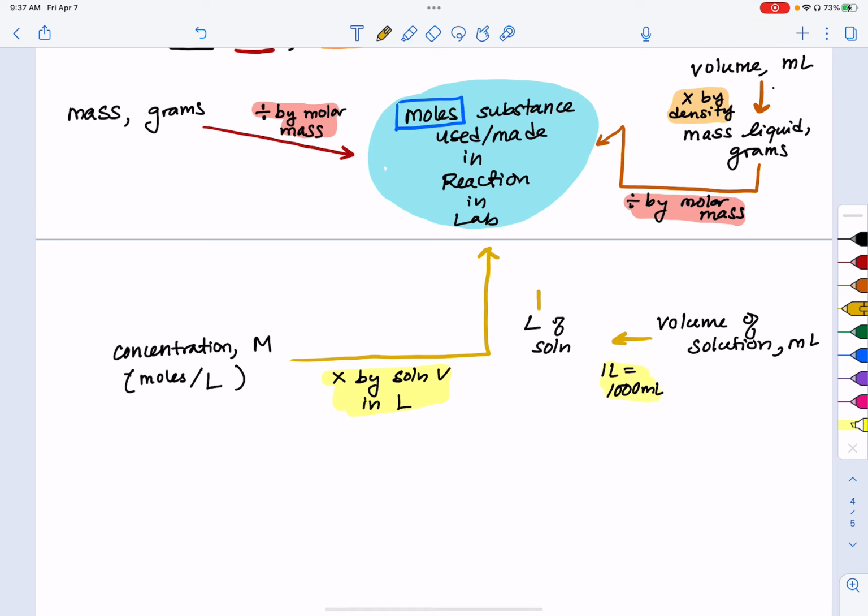And then if I want to take this volume and get it into a mole quantity, then I need to take my volume and multiply again, now by my molarity, or my concentration.